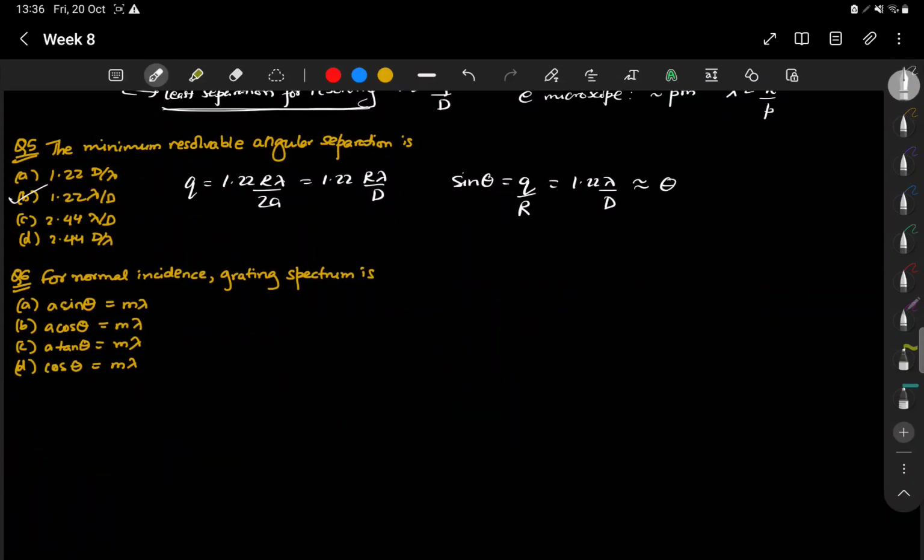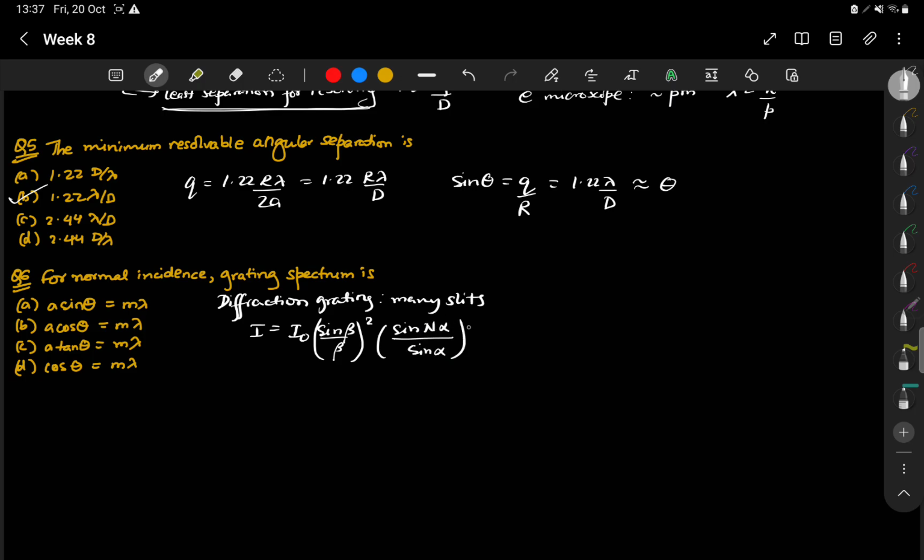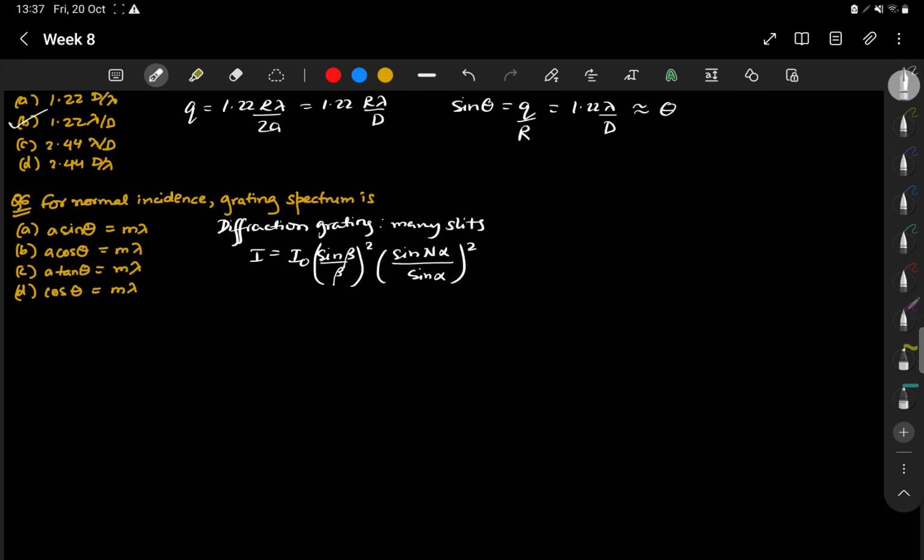So what is a diffraction grating? It's basically many slits put together. And the intensity pattern for n slits we saw previously in the lecture notes, in the videos. You would find this expression for the diffraction pattern from n slits.